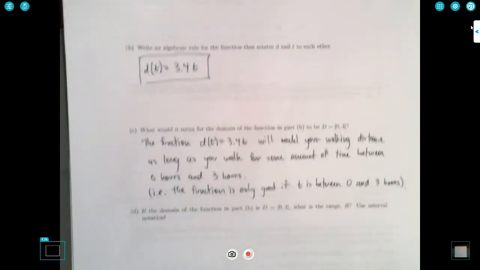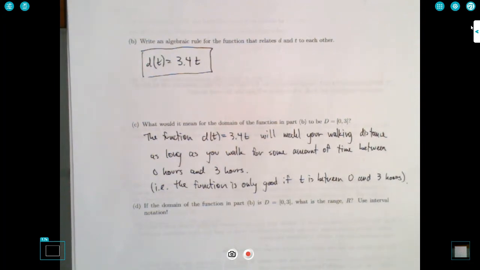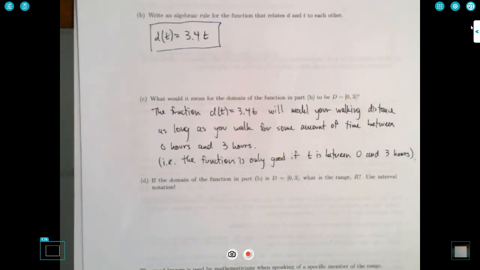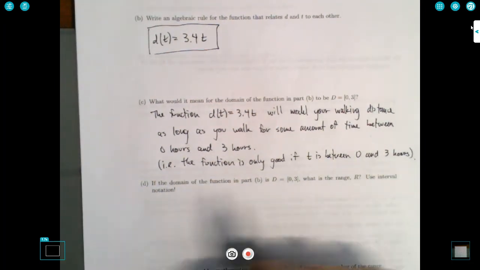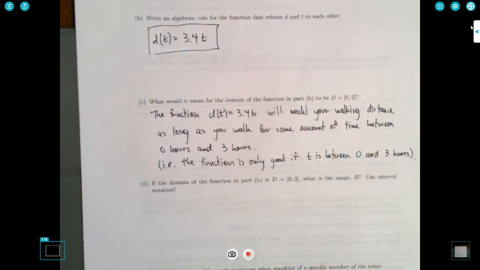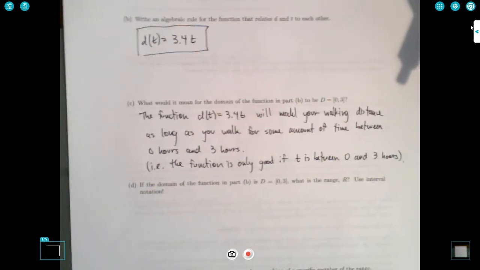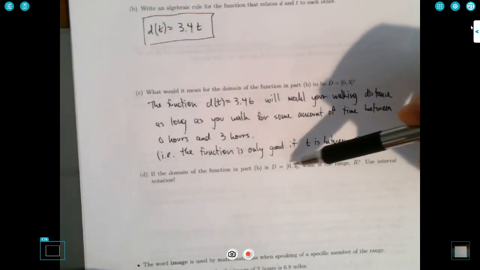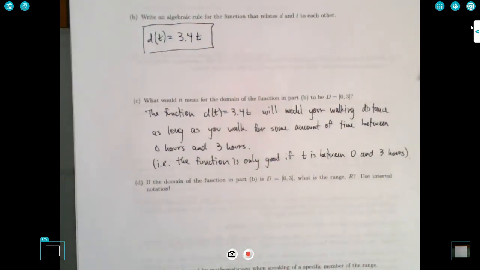Okay, part D. If the domain of the function in part B is the interval 0 to 3, what is the range, r? And let's use interval notation to write it down. So what would the range be? Remember, the range is the set of outputs. So if our set of possible inputs is 0 to 3, what's the set of possible outputs?